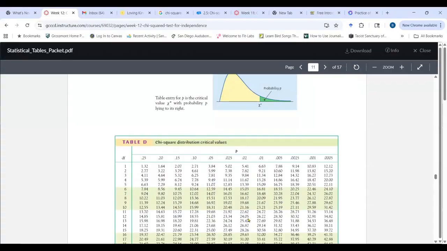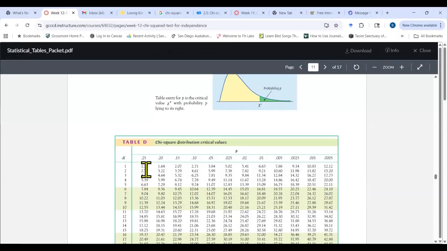All right, and so our degrees of freedom is 2, so we're going to go across this row. We are looking for our chi-squared value. 0.73 is less than 2.77. All right, so I'm going to write down our chi-squared is less than 2.77 for p-value is greater than 0.25.